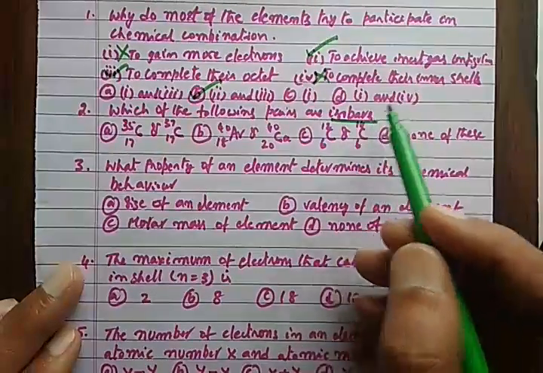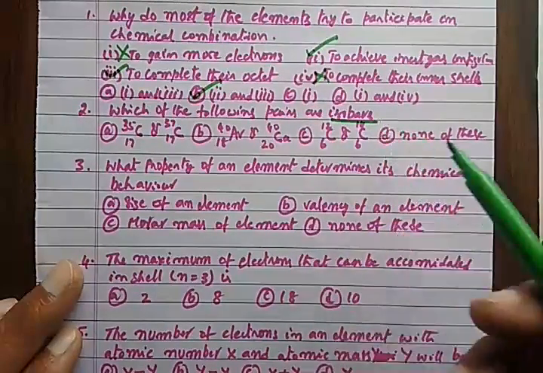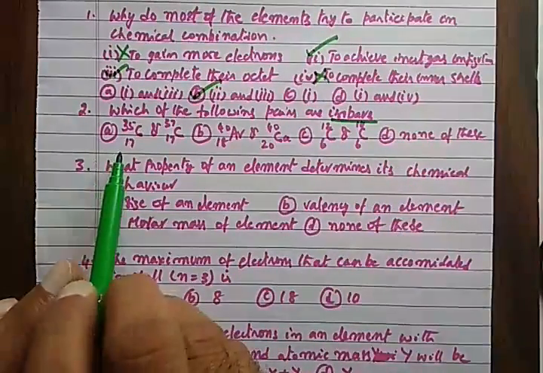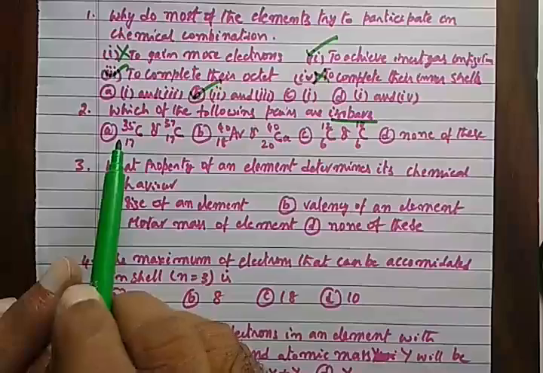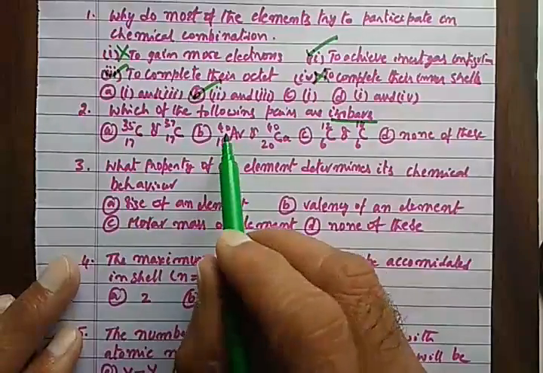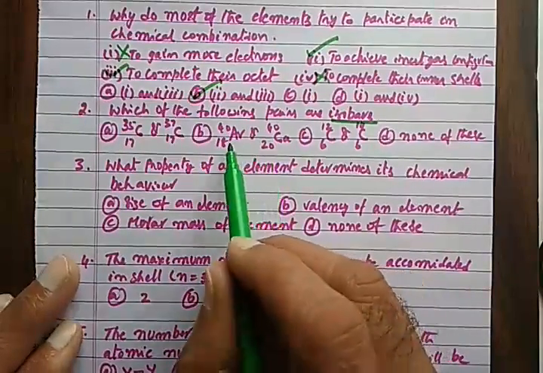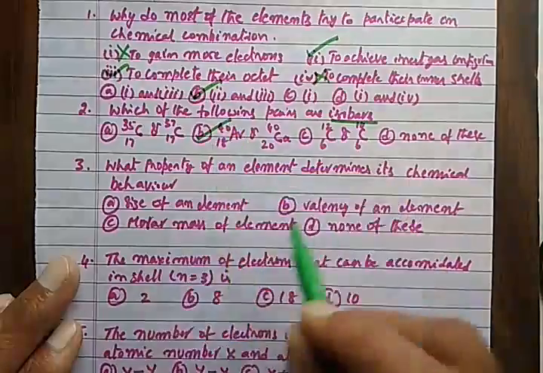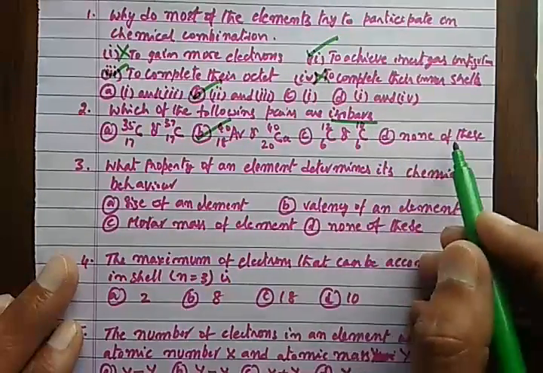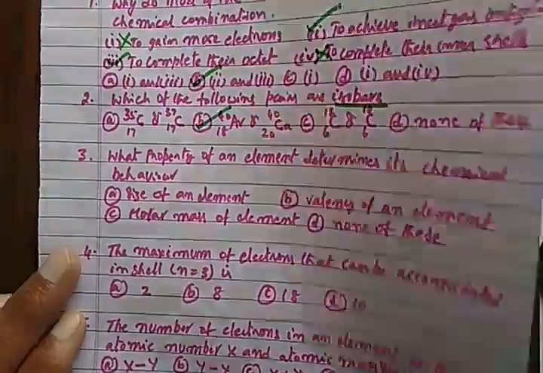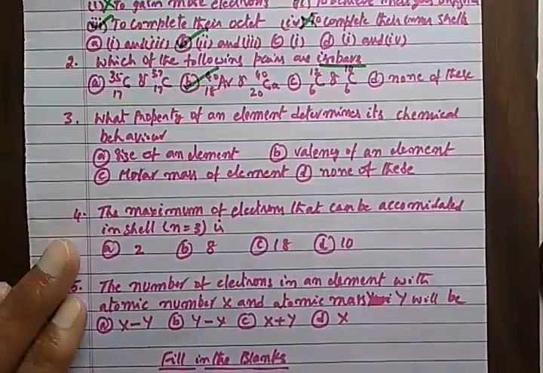I am not showing the definition, but you please recollect it. Mass same, but number is different. Not this one. This one we already studied, you remember, argon and calcium. No, here see, mass numbers are different. This is also not correct. So B is correct.